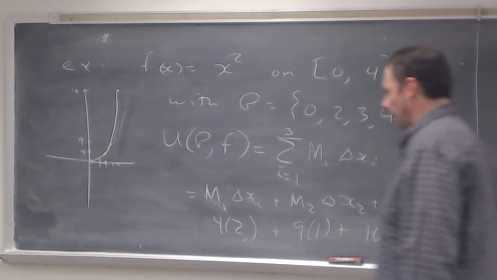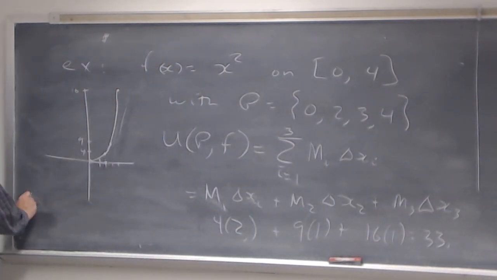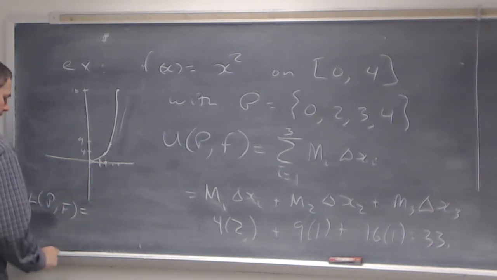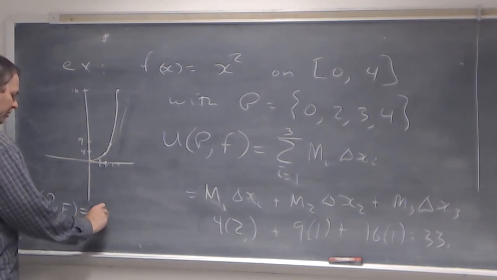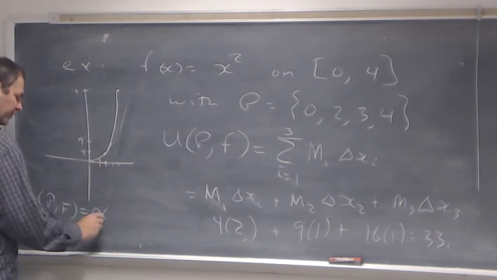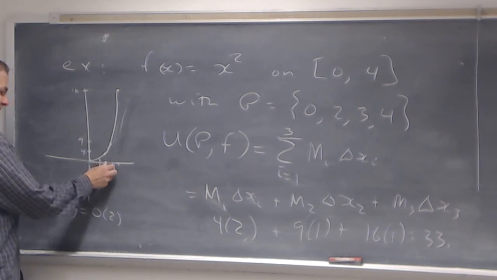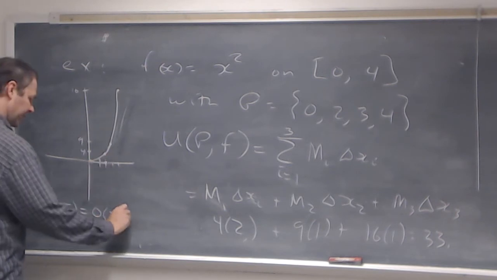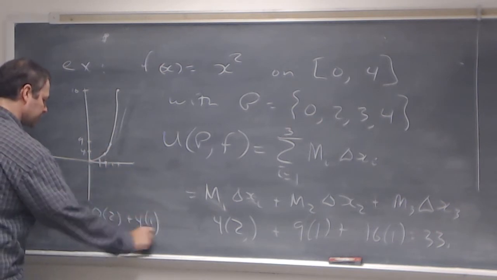Okay, the lower sum. Over 0 to 2, we take the smallest value, that's 0, times the width, which is 2. Between 2 and 3, we take the lowest value, that's 4, times the width, which is 1.